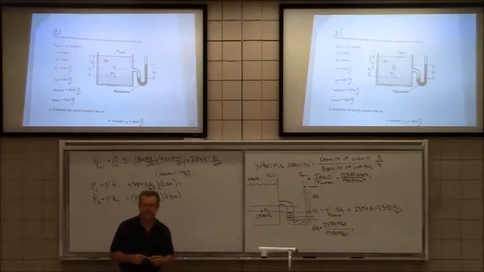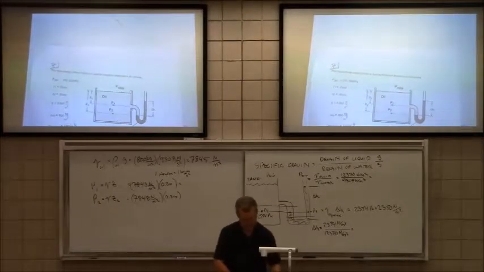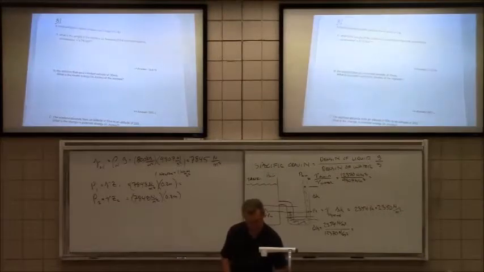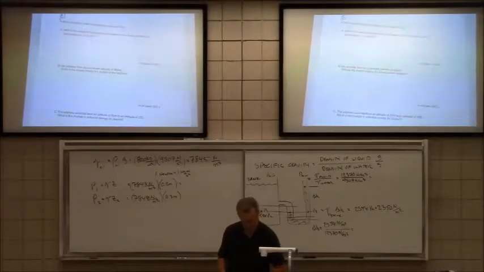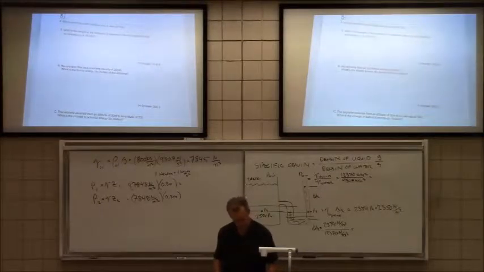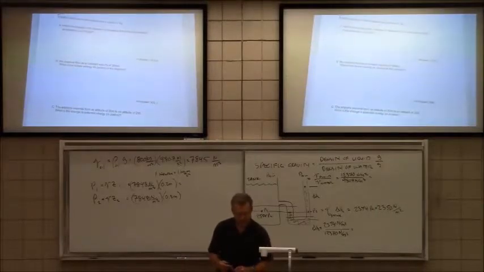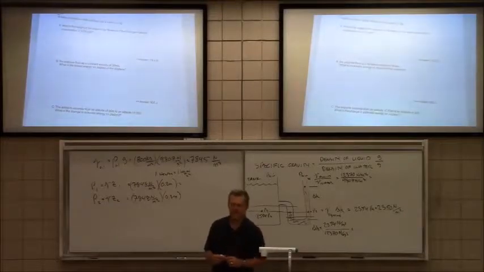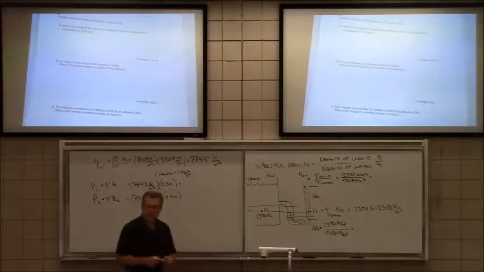Yes? On 8B, it says the radio control airplane, less than 2 kilograms, flies at a constant velocity of 30 meters per second, which is 1/2 mv squared. And the answer is 900 joules. So, okay, I see what I did wrong.